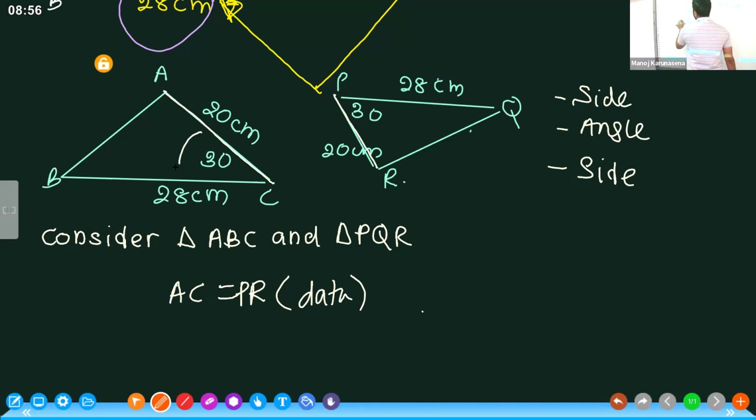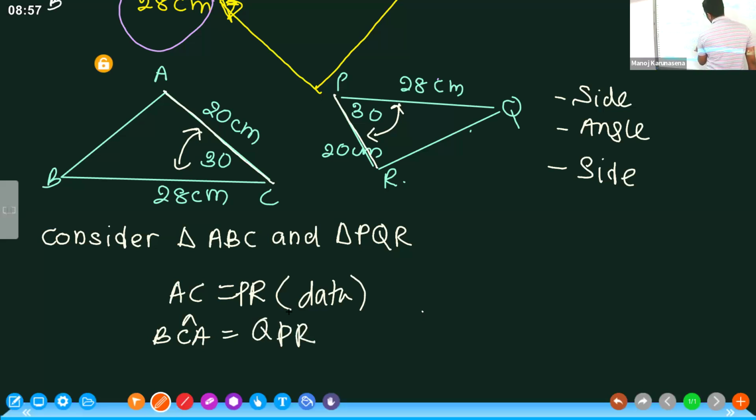Now the included angle, very important, right? From the activity, we got to know that if the included angle is not equal, then the two triangles are not congruent. Clear enough? Now let's say the included angle, angle BCA equals angle QPR. What is the reason?